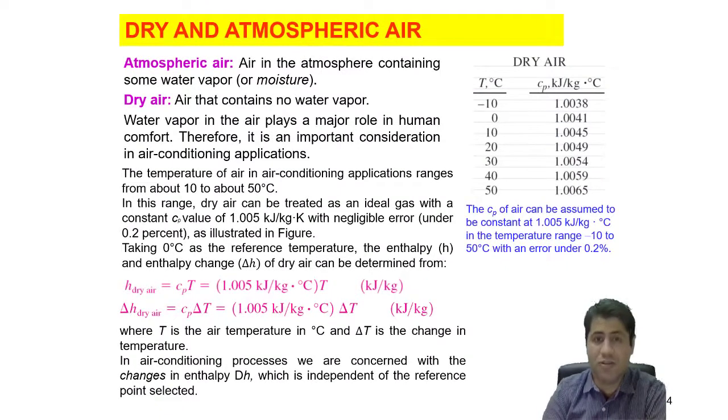Okay, let's continue our discussion with some definitions. Let's see what dry and atmospheric air are. As you know, air is a mixture of different types of gases. We have oxygen, nitrogen, carbon dioxide, and also moisture, or water, or H2O in the air.